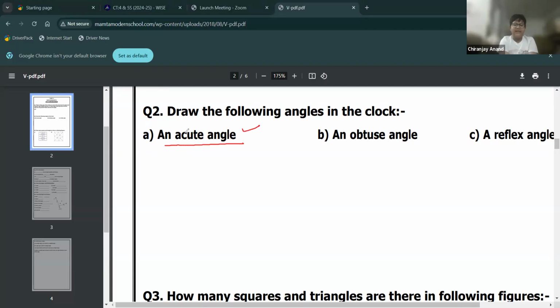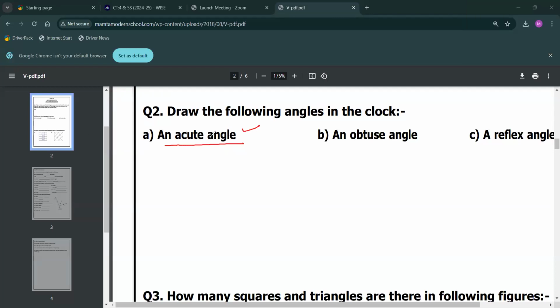Why have you not revised? The other things I have revised, not this one. So, Chiranjay, you need to be more attentive in the class. If I ask any question, I want an answer from your side. Don't say that, ma'am, I have not revised. Okay, Chiranjay?